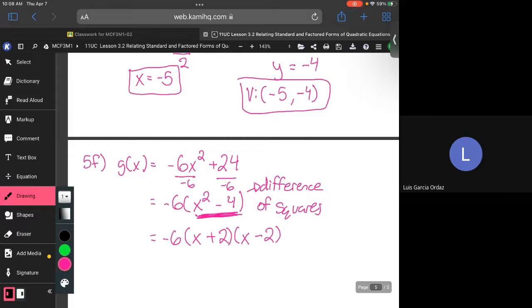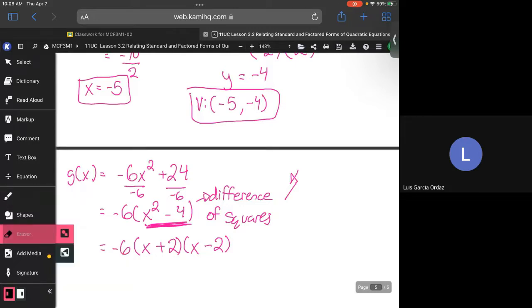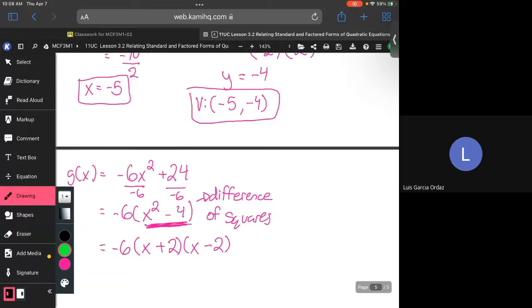Does it matter which order it's in? No, you can have x minus 2 first and x plus 2 after. Why is it different from a trinomial? When we write trinomials, Cynthia, what do we always have in the middle? An x. Do we have an x in this case? No, we have two terms.